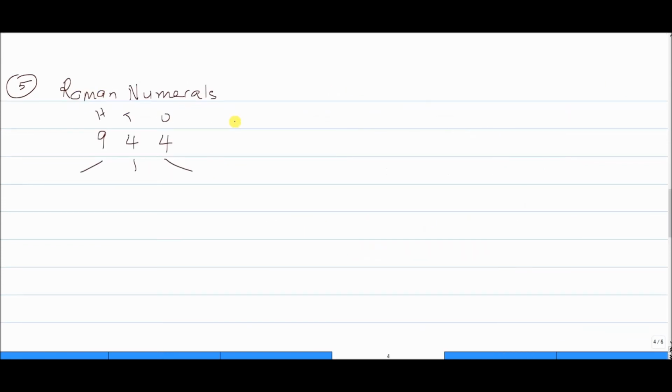Number 5, it's asking us to say which number represents 944 in Roman numerals. Now, let's break this into hundreds, tens, and ones, so that when we are looking for the Roman numeral symbol, we know exactly what symbol would represent 900s, what symbol would represent 4 tens, and what symbol would represent 4 ones.